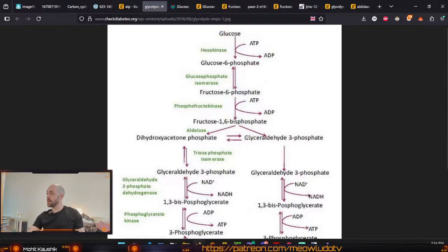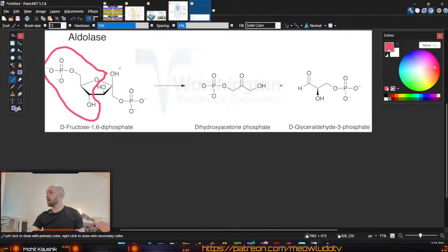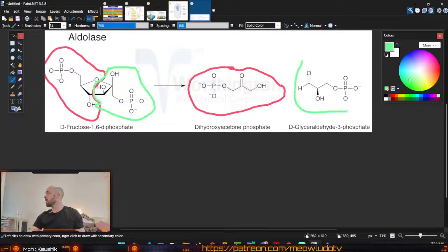Once it's chopped, they can swap between each other, but it can't go backwards. So these should have the same atoms at the end. The other one is going to be dihydroxyacetone phosphate, and then this one is going to be the other.